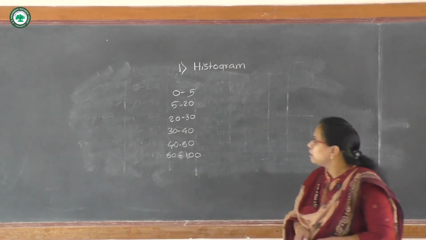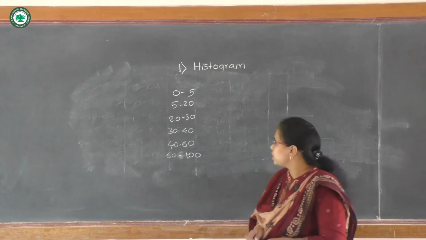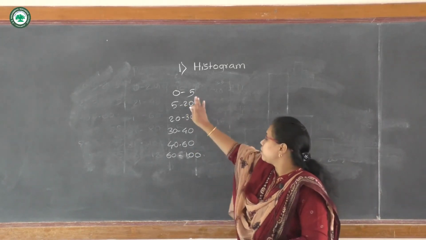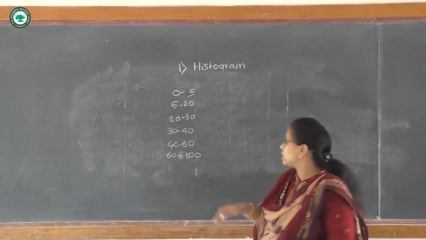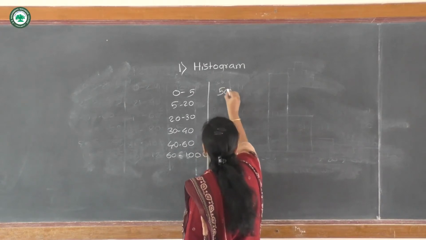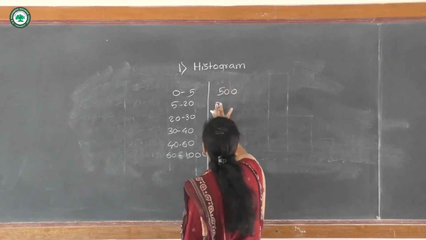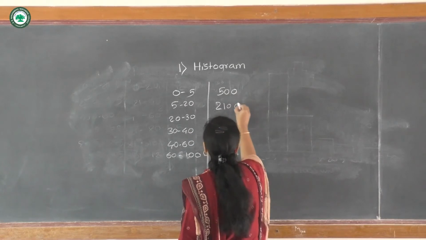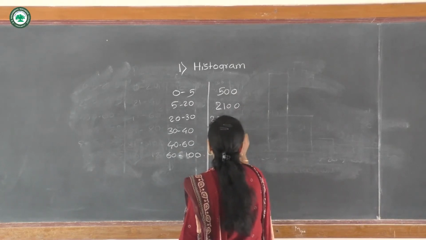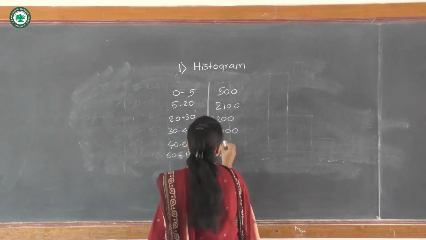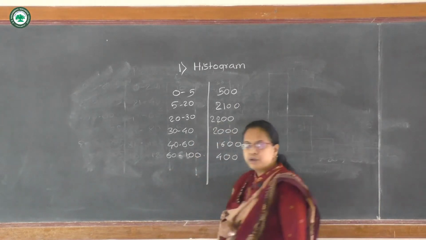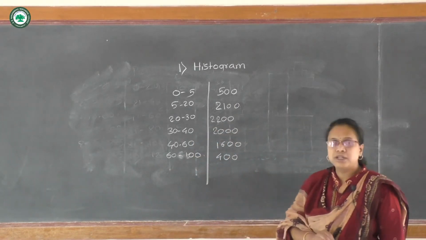Here we can see that these classes are of exclusive type, meaning the upper limit of the class is excluded from that class and included in the next class. And suppose the frequencies are given, suppose these are the frequencies and we have to draw the histogram.